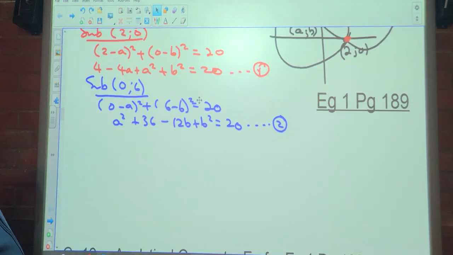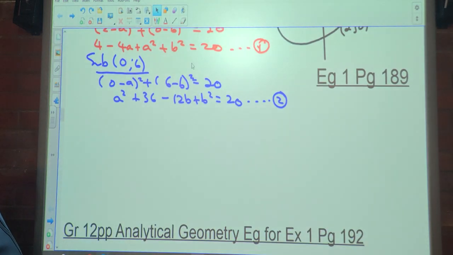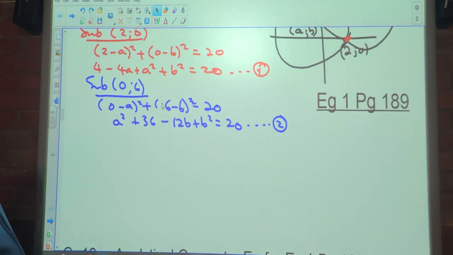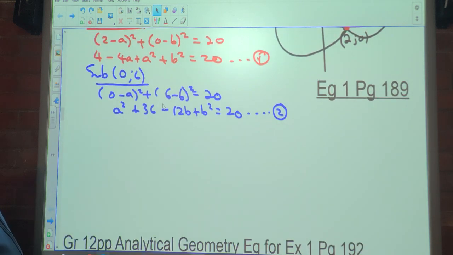But anyway, what I can do is one of two things. I can either say, you see 20 is equal to that and 20 is equal to this, so I can say that equation equal to this one. That's one way I could have done it. Or I can say equation 1 minus equation 2.